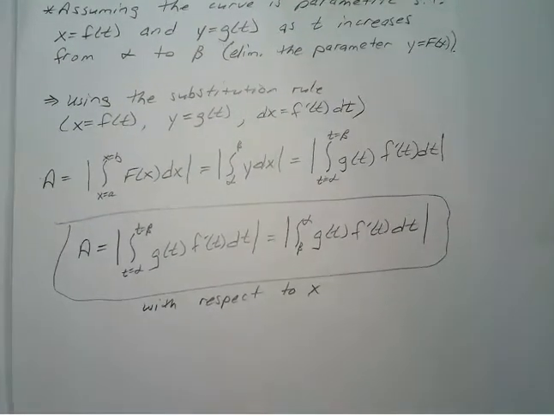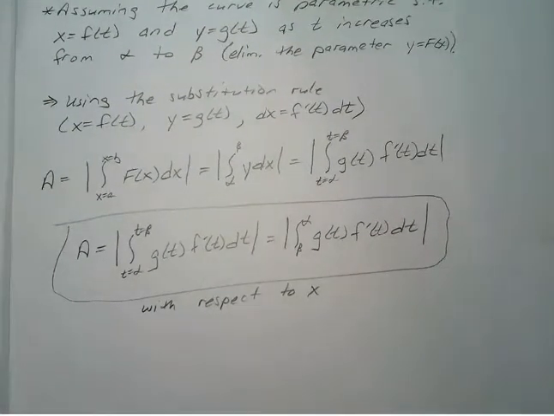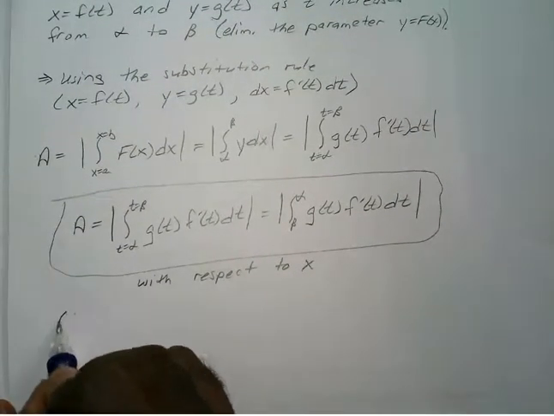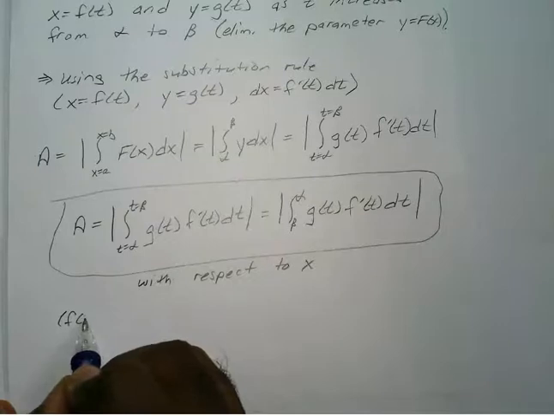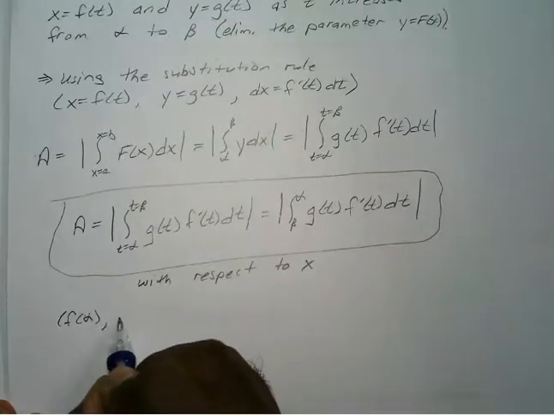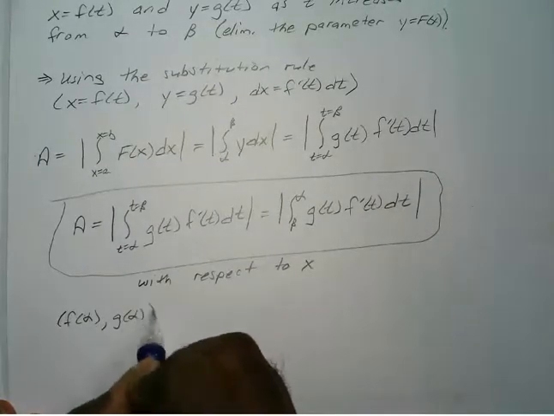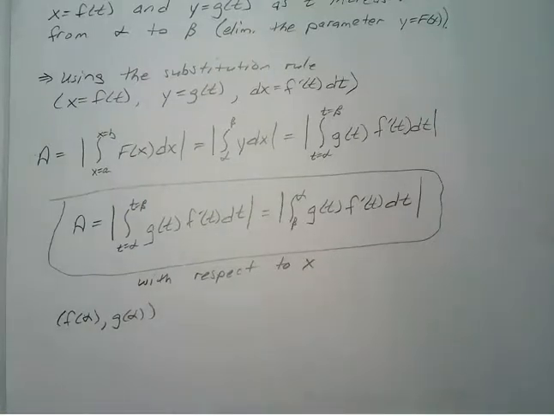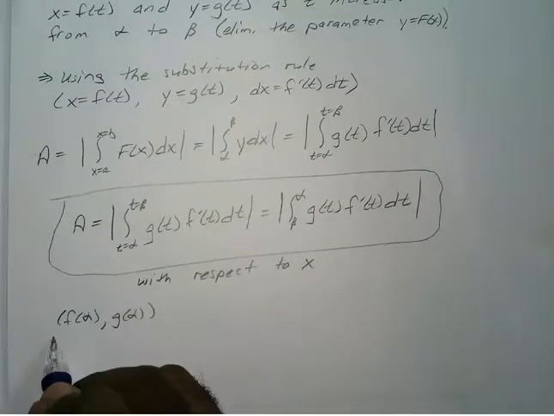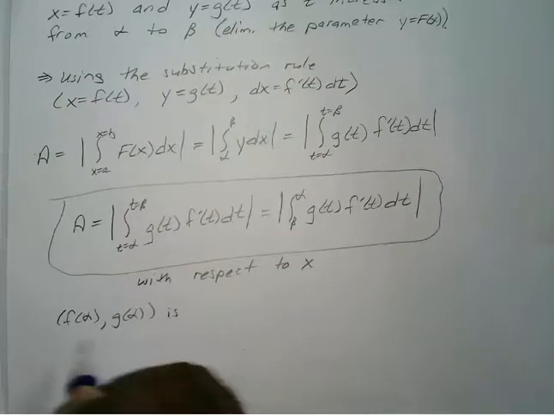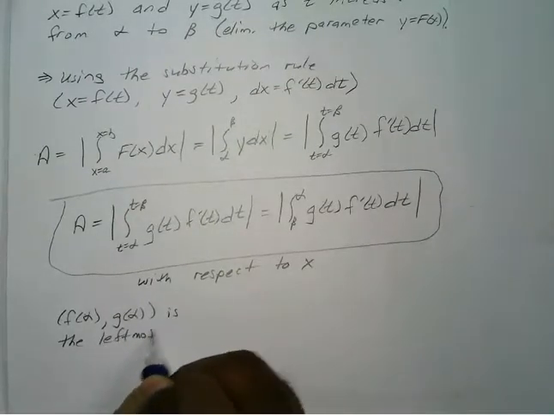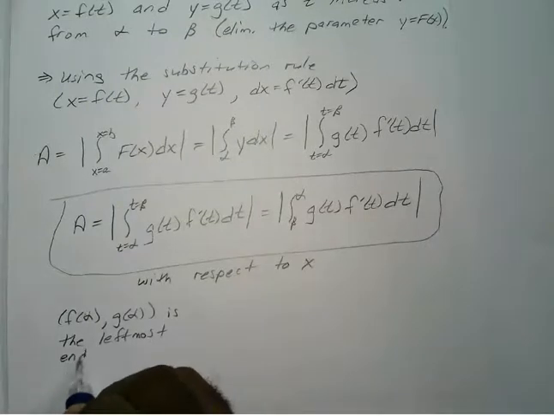Now when you're finding the area with respect to x, the point f of alpha, g of alpha, that's the leftmost point, or the leftmost endpoint.